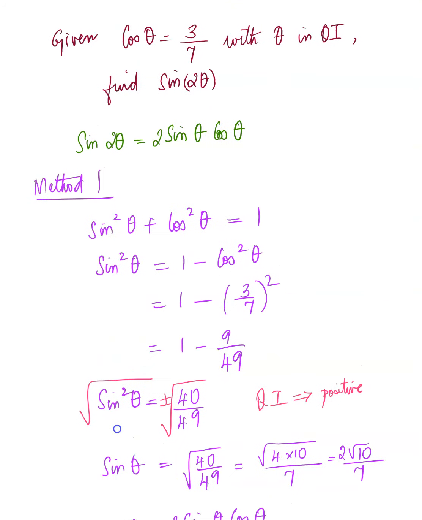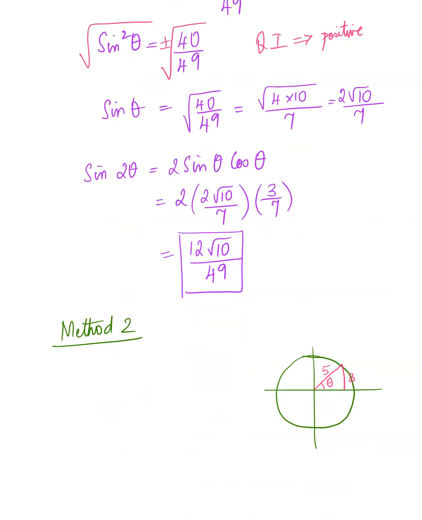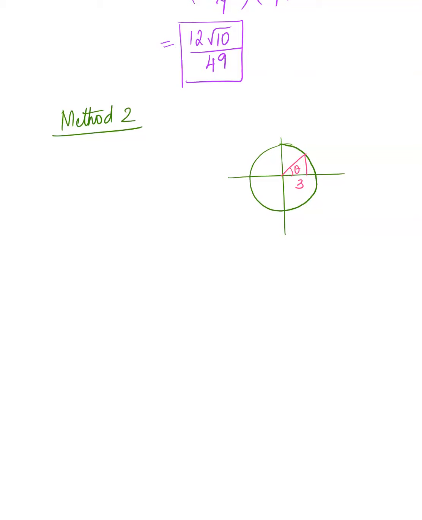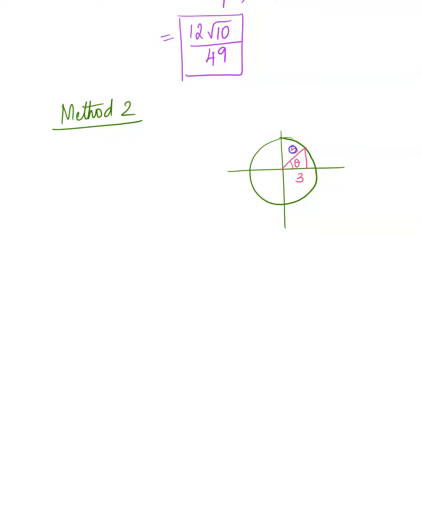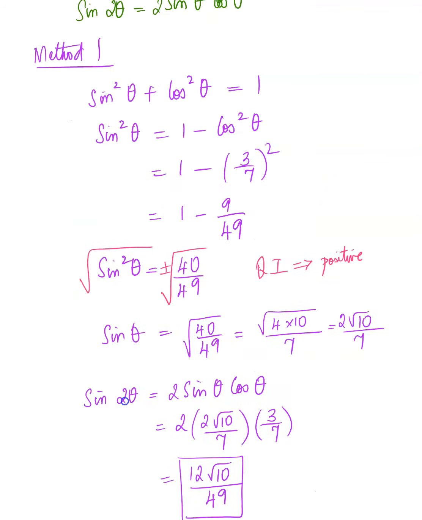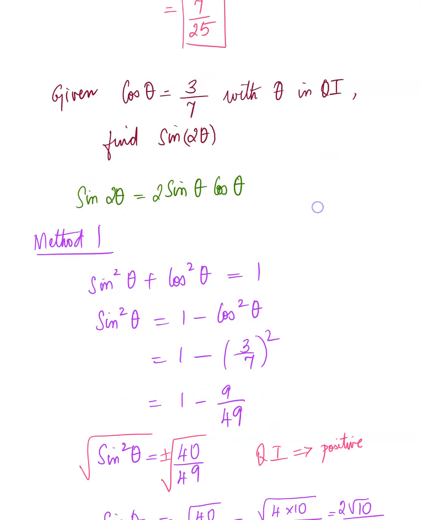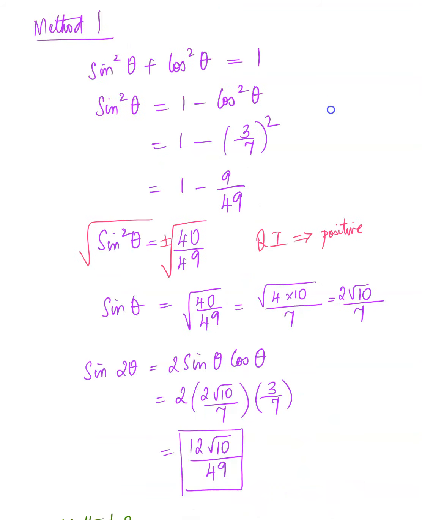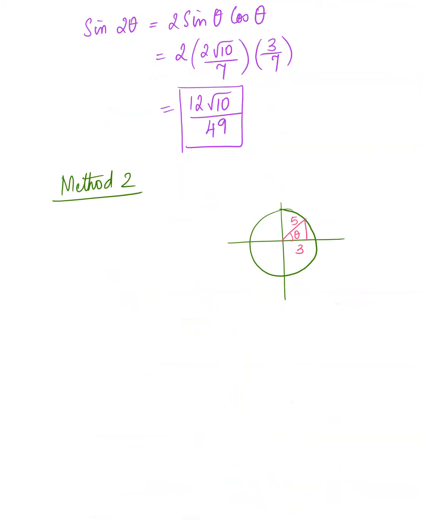Cosine theta was 3 over 7, so that can't be 5. I have to come back here, I think. Yes, I'm just looking at the question. So cosine theta is 3 over 7 in quadrant 1. So we got that 3 over 7, not 5. I was thinking something was off.